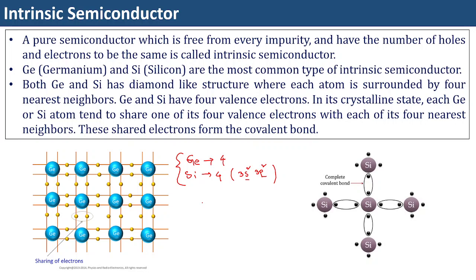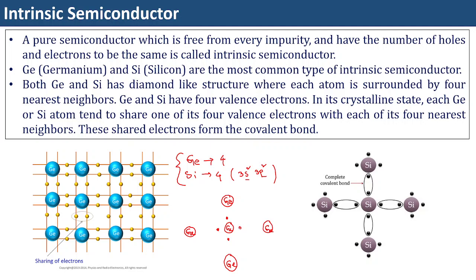So what it does, suppose this is a germanium atom, here is another germanium atom, here is another germanium atom, and here is another germanium atom. This germanium already has 4 electrons in its neighborhood.